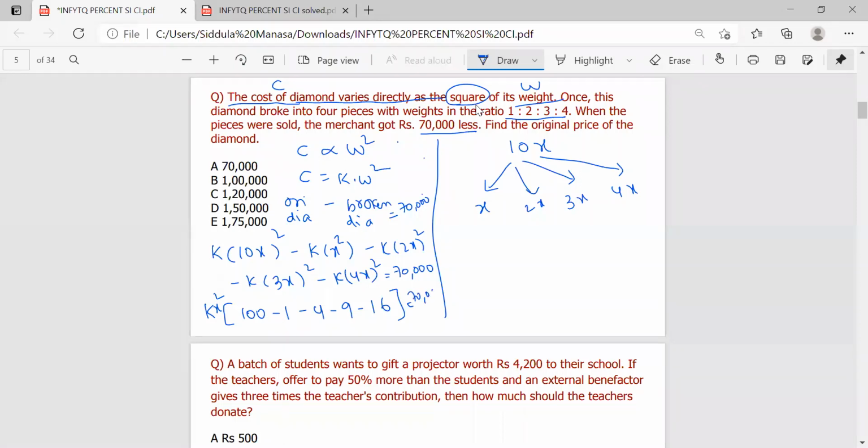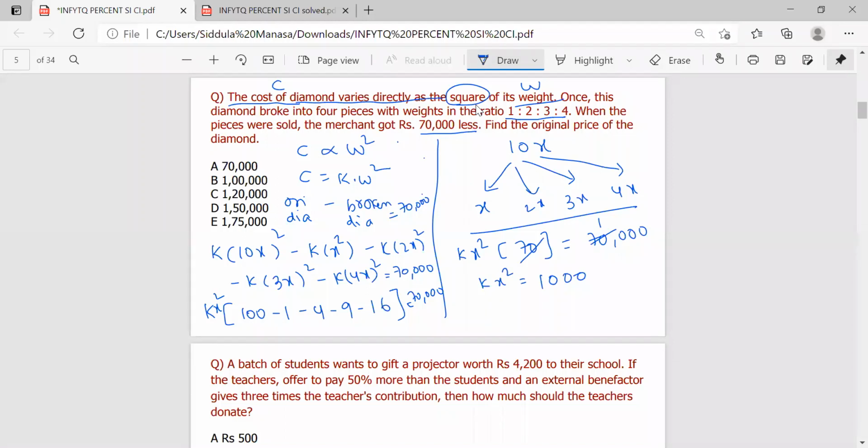So the difference is 30. So that means K into x square, 100 minus 30, that will be equal to 70,000. So what we got, Kx square is equal to 1000.